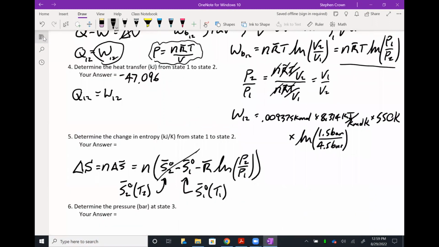However, we still have a term that won't cancel. So we have equals, and we'll put the minus out front, n times R bar natural log of P2 over P1. And again, this is 0.009375 times 8.314 times the natural log of P2 over P1.